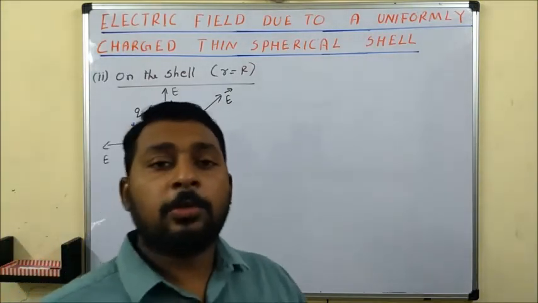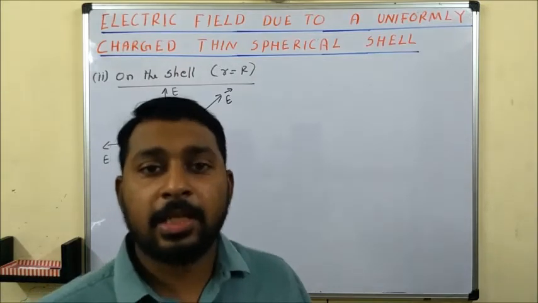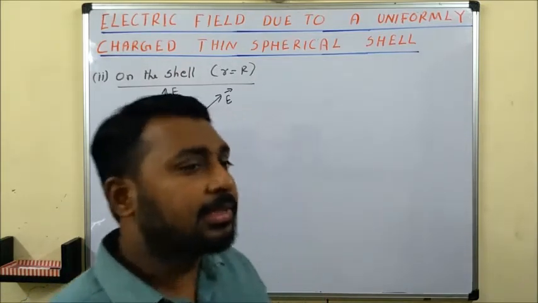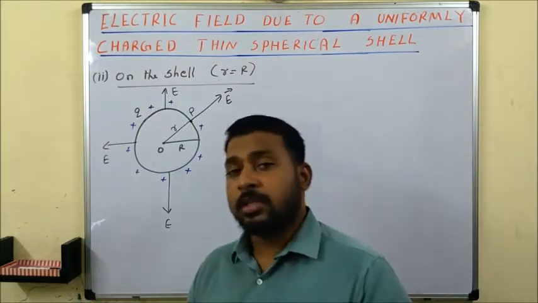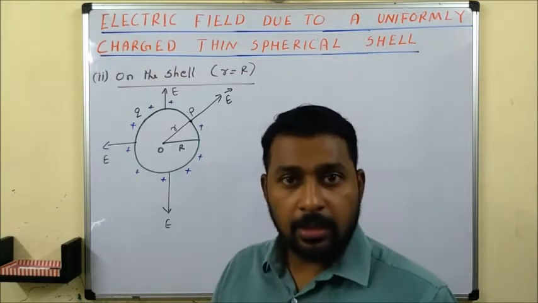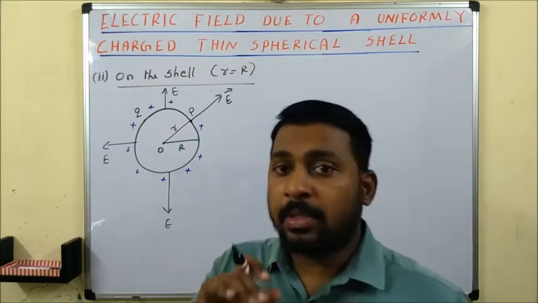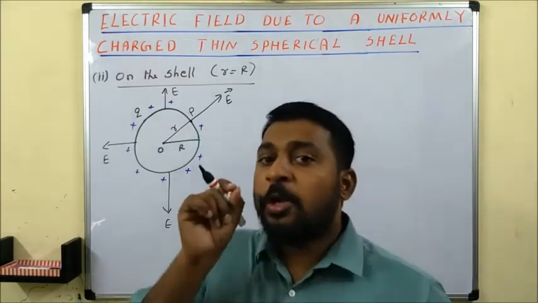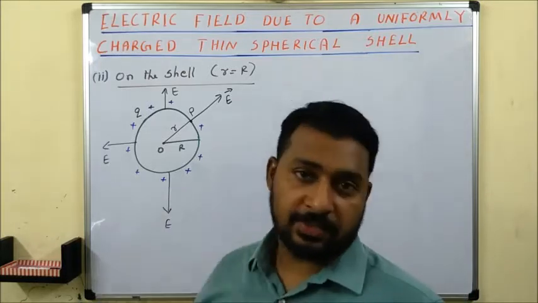Again we are going to use Gauss's theorem, so we have to imagine a Gaussian surface. In this case, what should be the shape of the Gaussian surface? Again, it should be a sphere, and remember as in the previous case, the point P which we consider should be a part of this Gaussian surface.